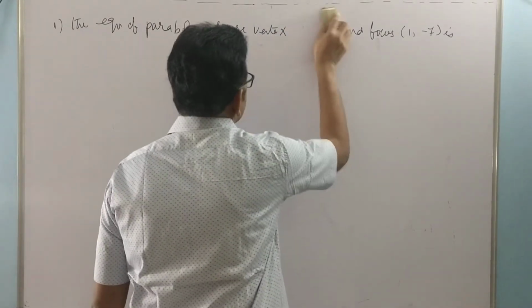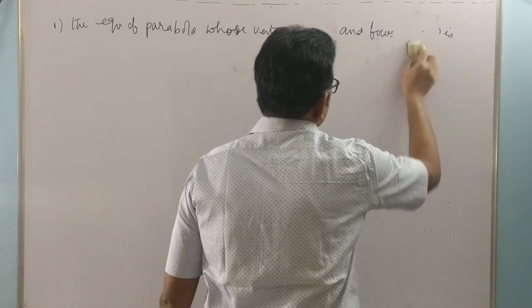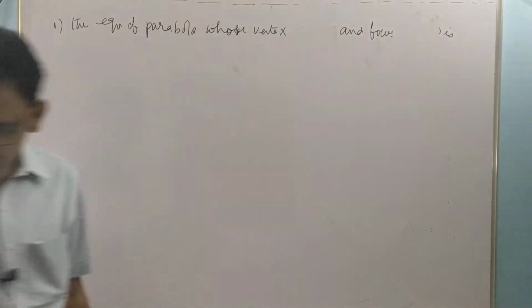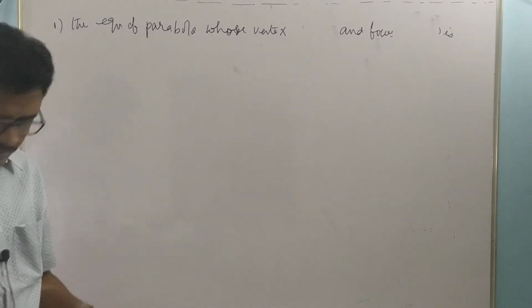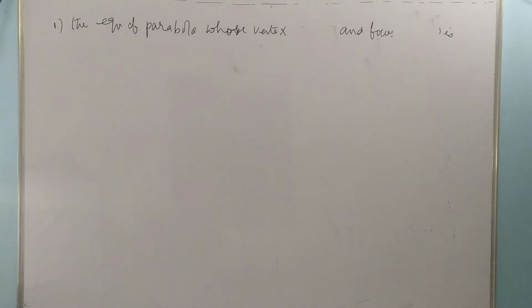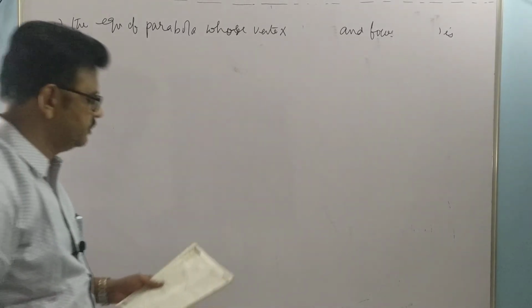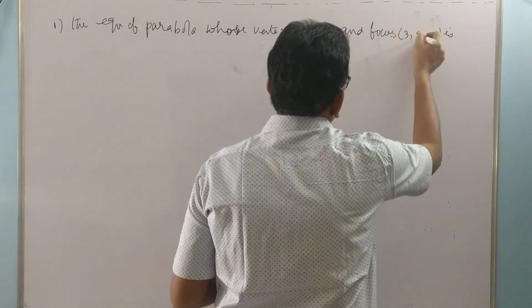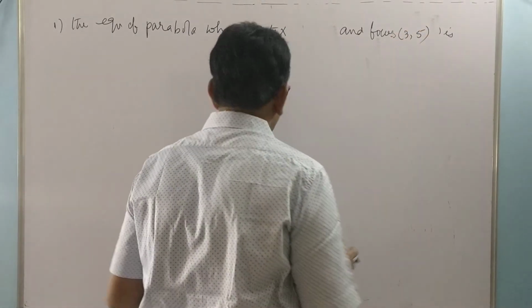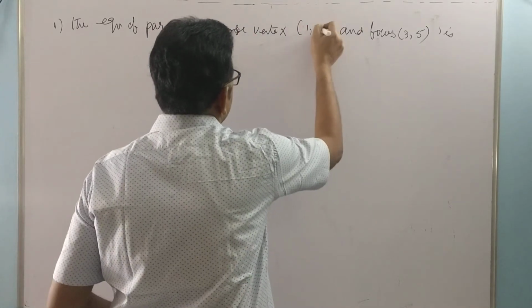Next one, the equation of the parabola whose focus is (3, 5) and vertex is (1, 3).